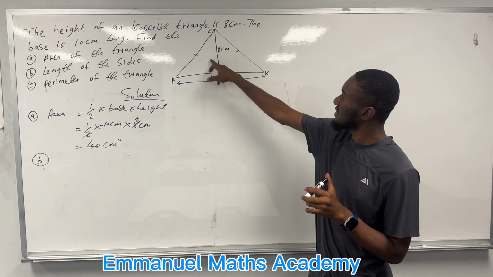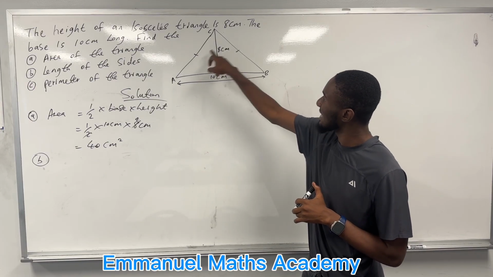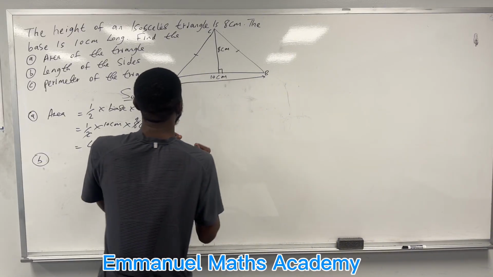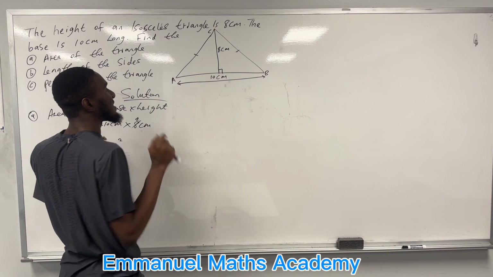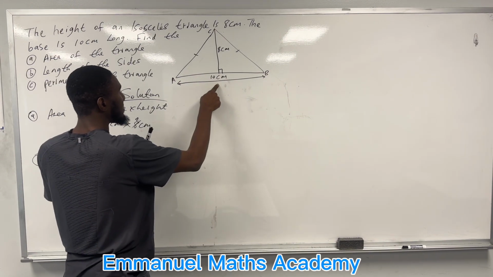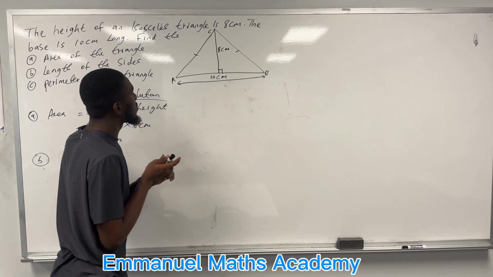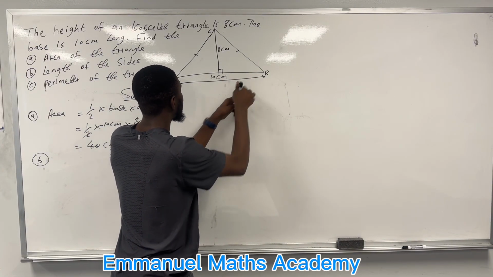From the information given here, it's identified that these two sides, from this sign here, are equal. So what we need is to get one of these. Once we're able to get one of these, you know that it's the same thing as the other. To do that, you can see that from here we have that A to B is 10 cm long. So we'll get half of this, which means from here to here is half.